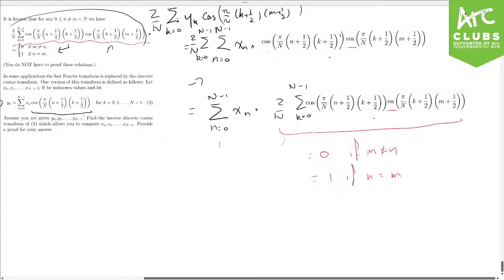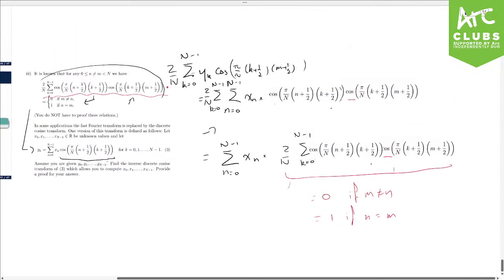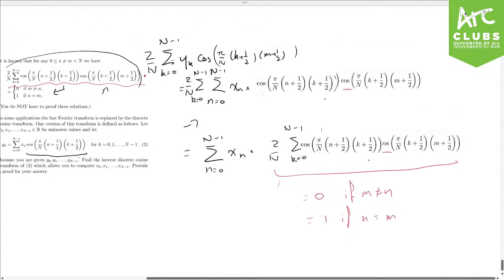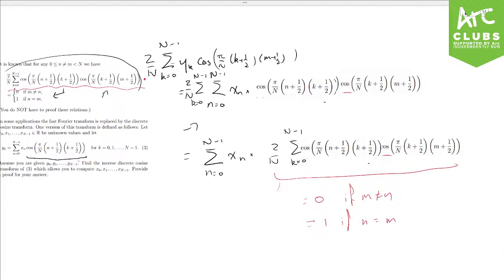So what this means is that here, if we have n that's not m, then that turns into 0. But if we have xm, that term will stay by itself.